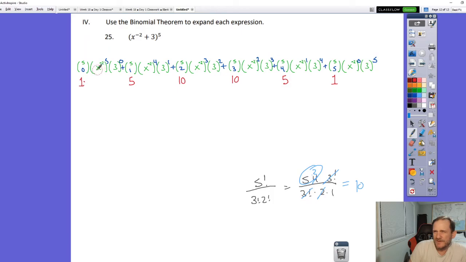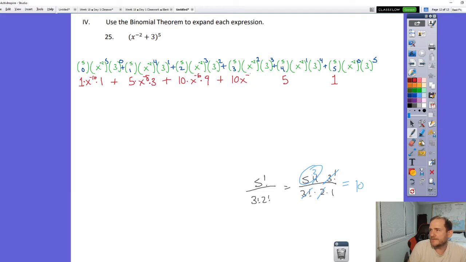So this is x to the negative 10 times another factor of 1 plus. This is x to the negative 8 times a factor of 3. This is x to the negative 6 times a factor of 9.